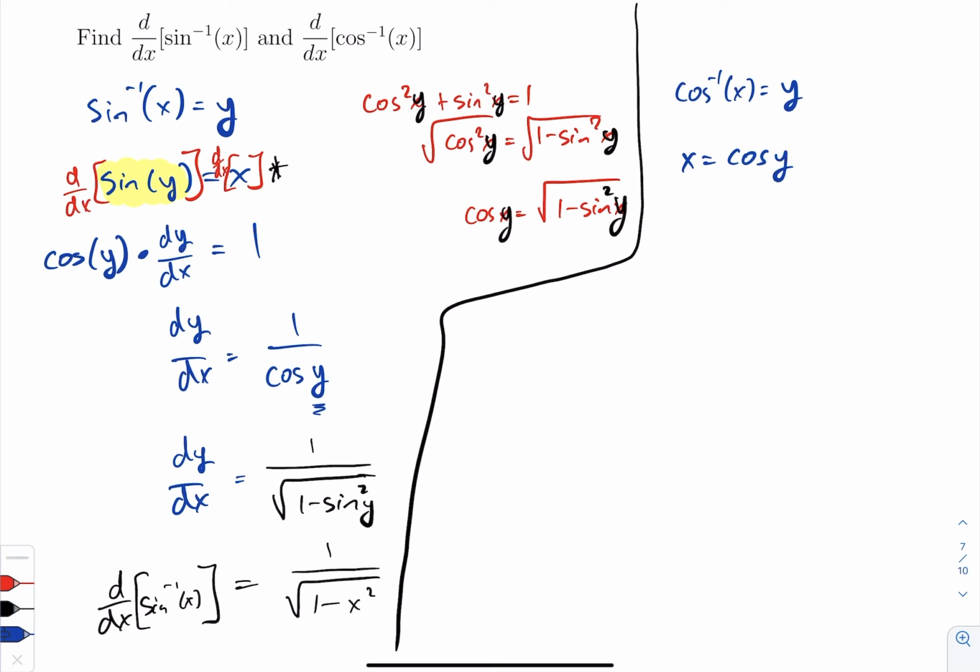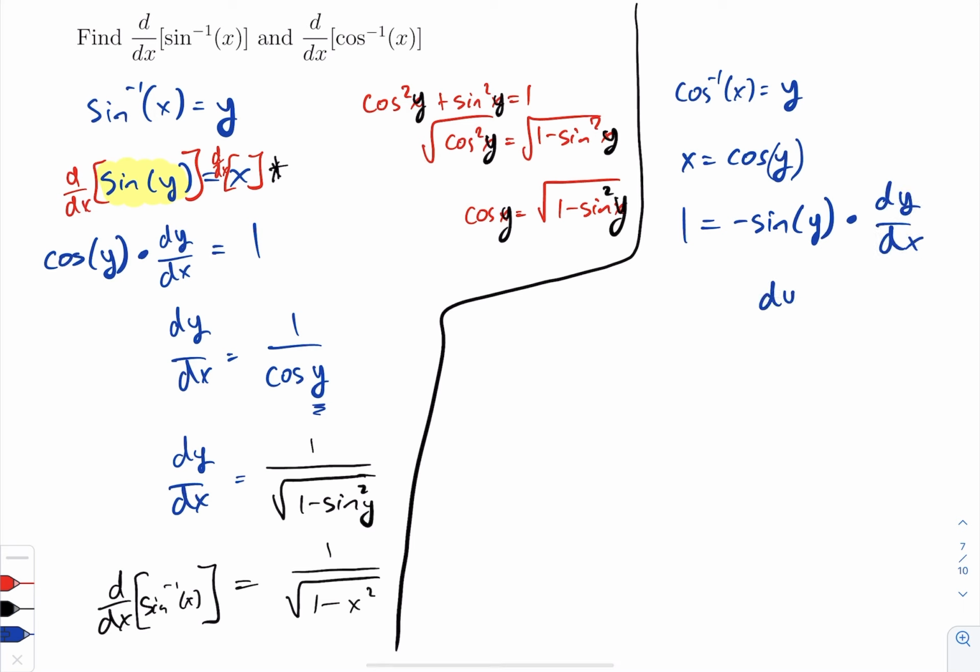Now when I take the derivative of both sides, the derivative of x is 1, equal to, now again, this is the chain rule. I have an outside function and an inside function. The derivative of cosine is negative sine. Keep the inside the same, times the derivative of y, which is dy dx.